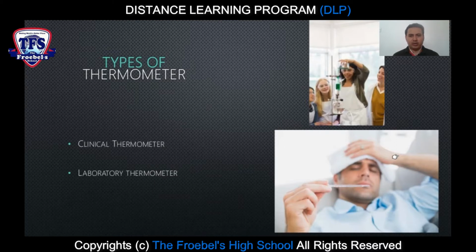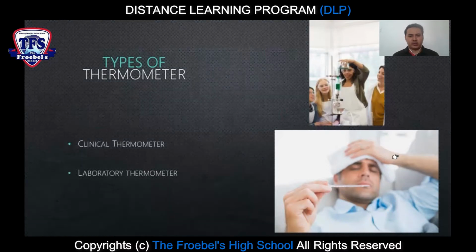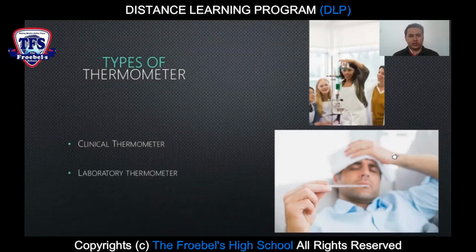The laboratory thermometer is used to check the temperature during experiments and so on. In the clinical thermometer, mostly mercury is used, and in the laboratory thermometer, alcohol is used, right? So here I just want to figure out a few advantages and disadvantages of both mercury and alcohol as a thermometric liquid.